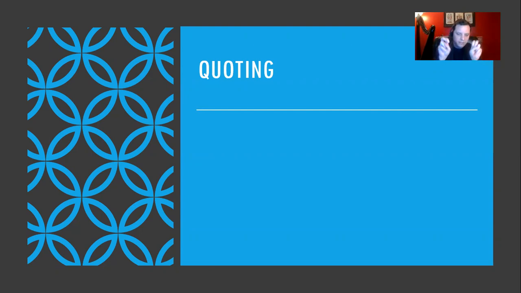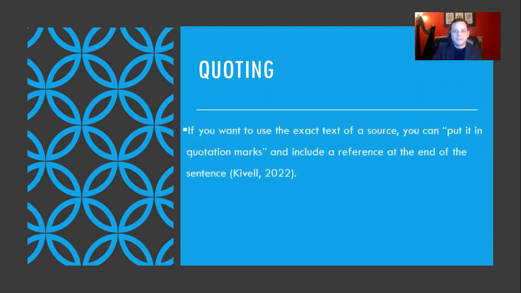That's these little marks. Or if something is written really beautifully and you think that the meaning will get lost if you don't quote it, then you can use a quote. For example, if you want to use the exact text of a source, you can put it in quotation marks, which are these 2 little ticks there and 2 little ticks there, and include a reference at the end of the sentence.